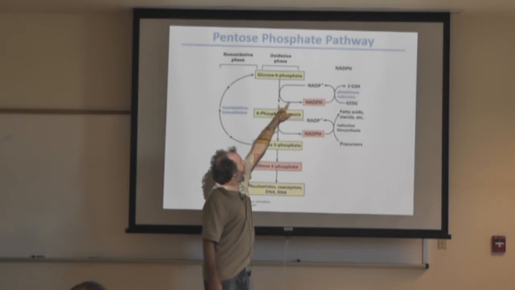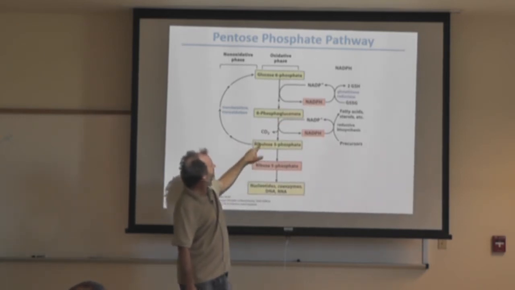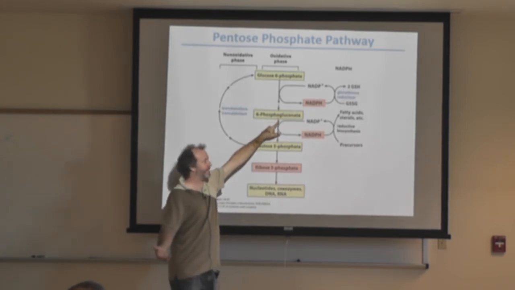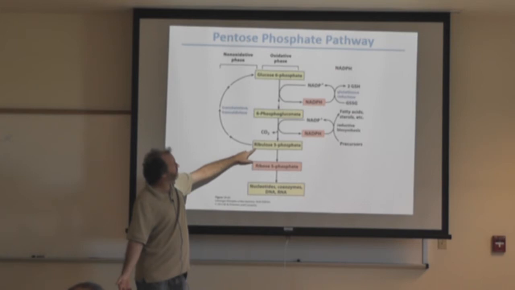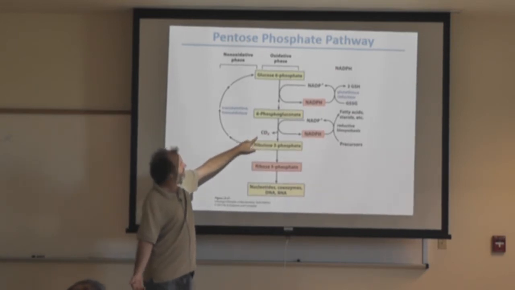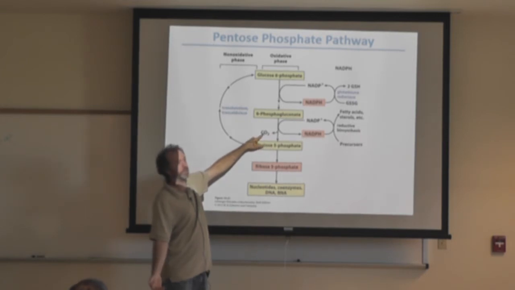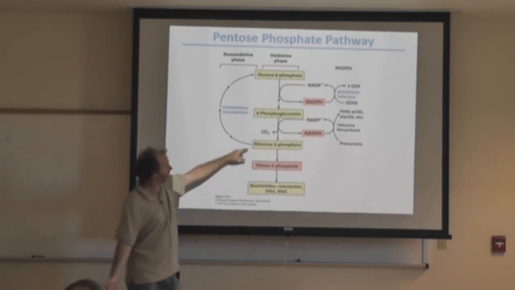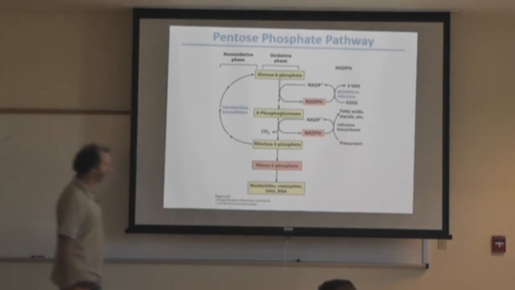That's going to be oxidized to 6-phosphogluconate. So gluconate, so it's an acid there. And then that gets decarboxylated to produce ribulose 5-phosphate, and that's where the one carbon goes, right? It's decarboxylated.